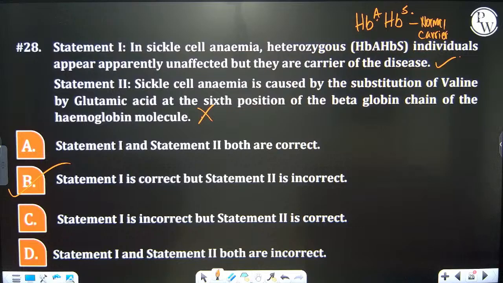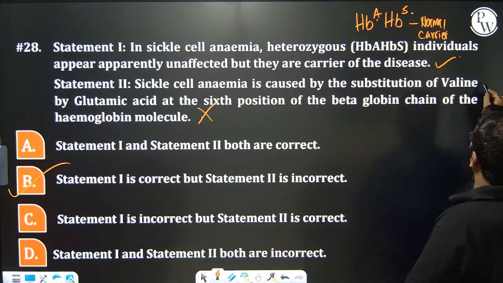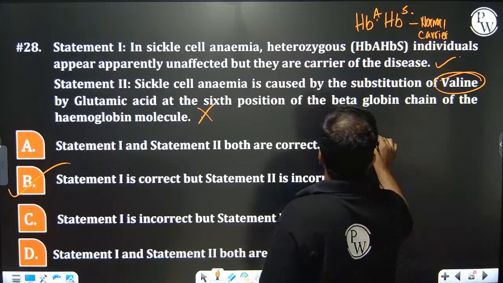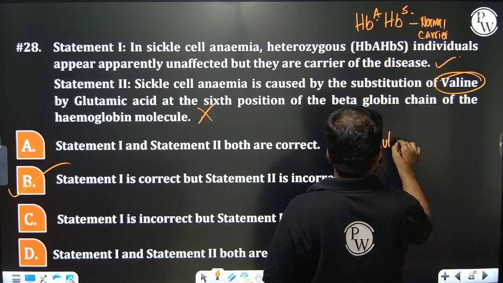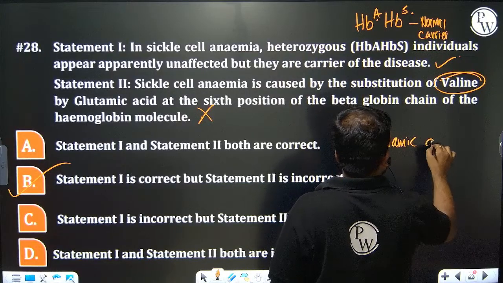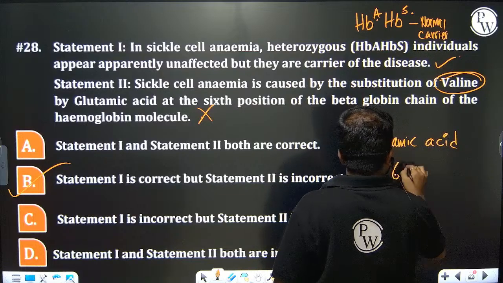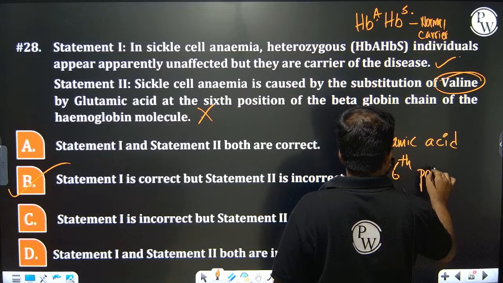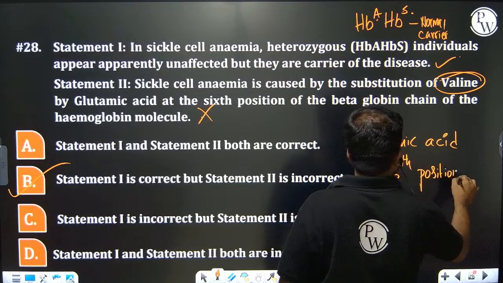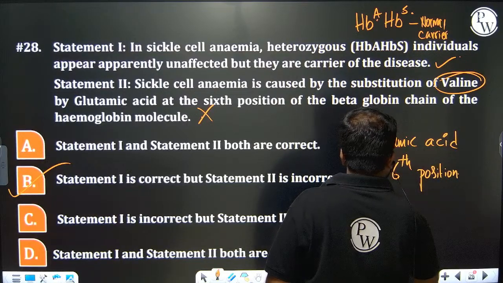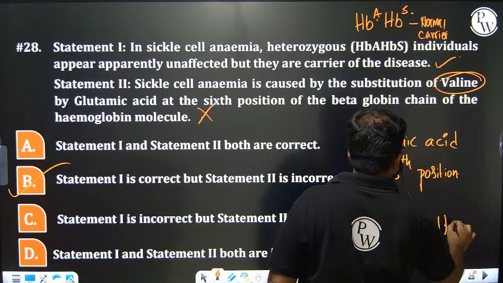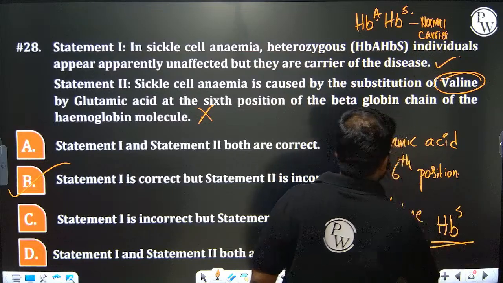Caused by the substitution of valine by glutamic acid? No, the other way around. Glutamic acid is supposed to be present in the 6th position, but due to the mutation you will get valine, which results in sickle cell.